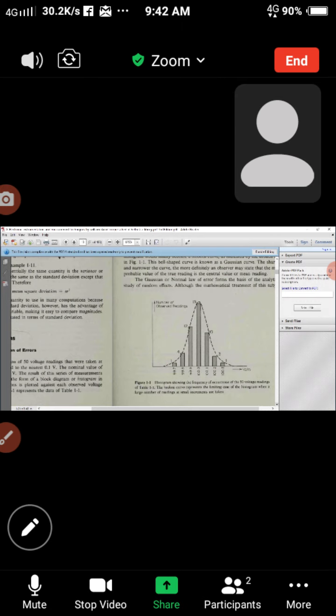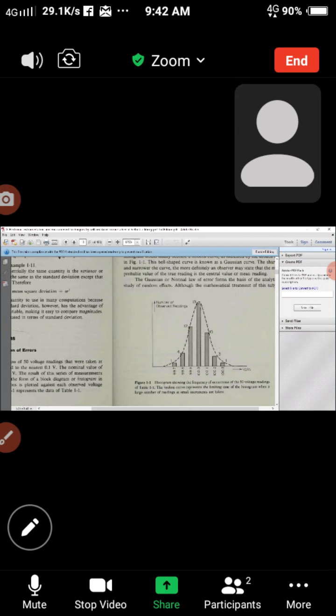12 times with 99.9 volt or 100.1 volt, plus or minus 0.1 volt, occurs majority times, that is 12 or 10 times. Plus or minus 0.2 volt deviation occurs around 4 times or 3 times.